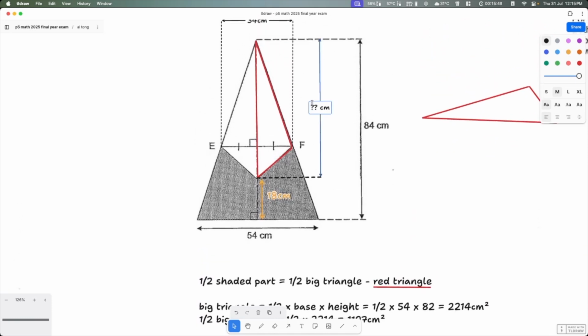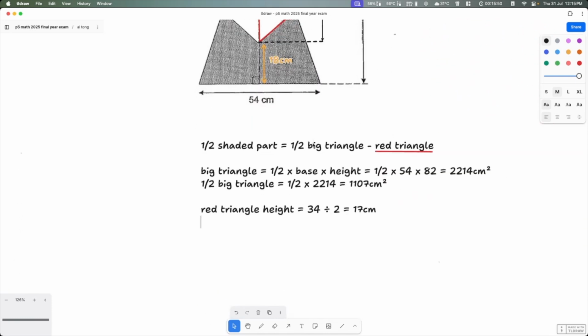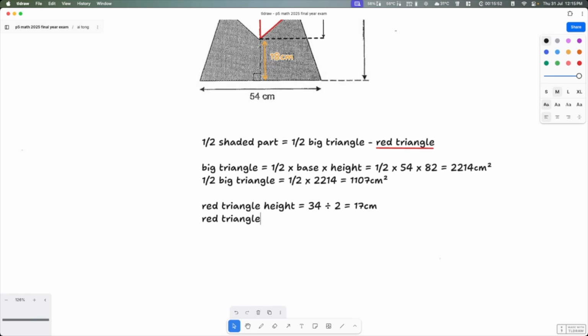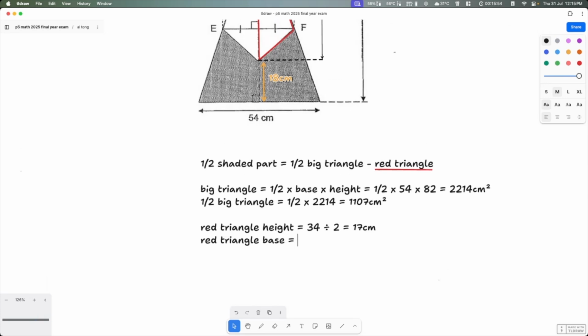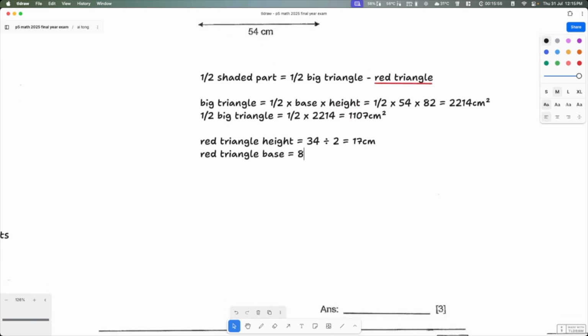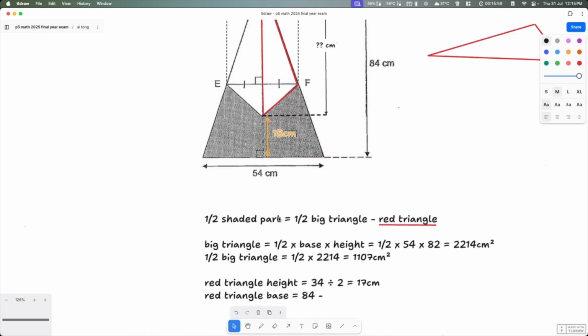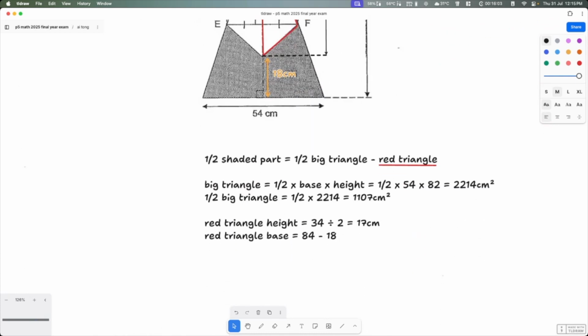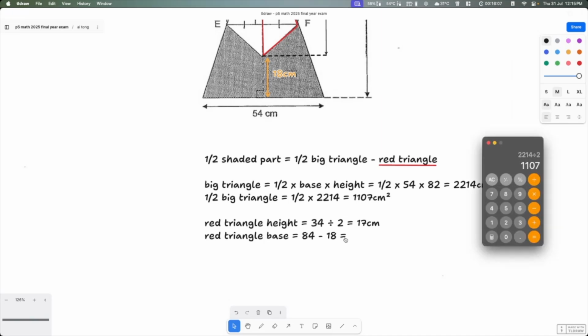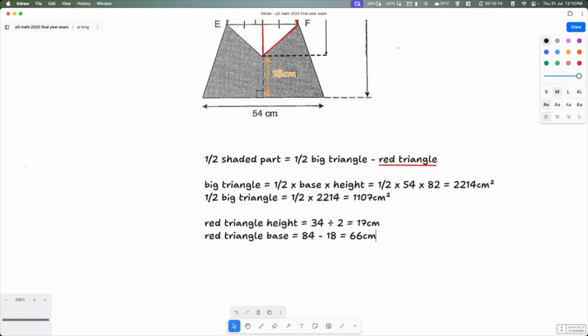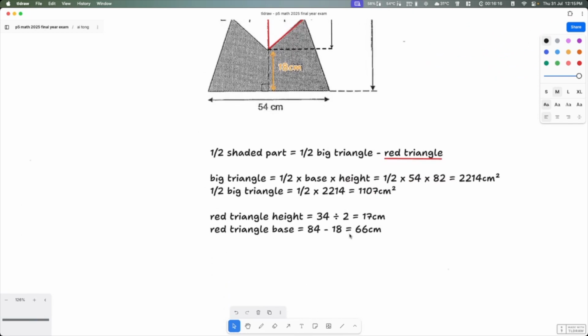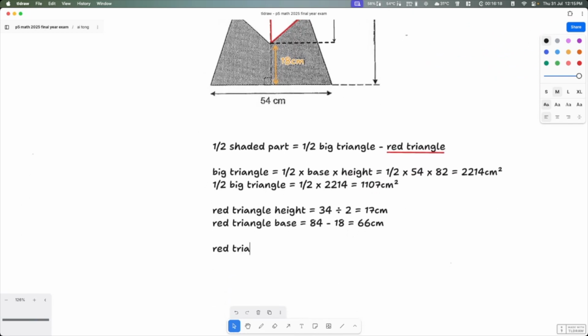To get the red triangle base, it is 84 minus 18, which is 66. Let's double confirm: 84 minus 18 is equal to 66 centimeters.